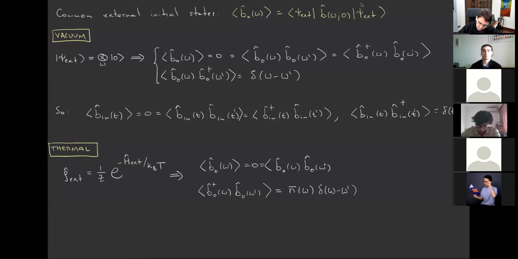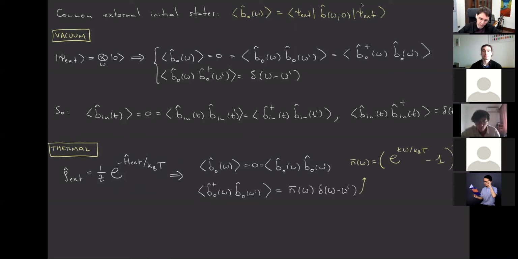And I remind you that the Bose-Einstein distribution was just this expression here: the exponential of h bar omega divided by kT minus 1, to the minus 1, okay?